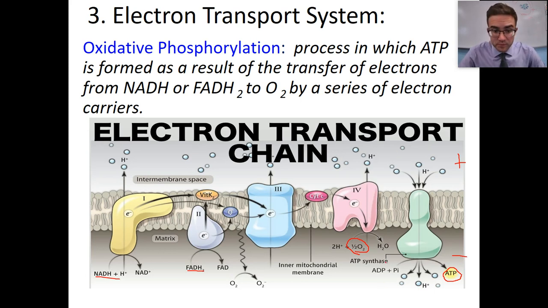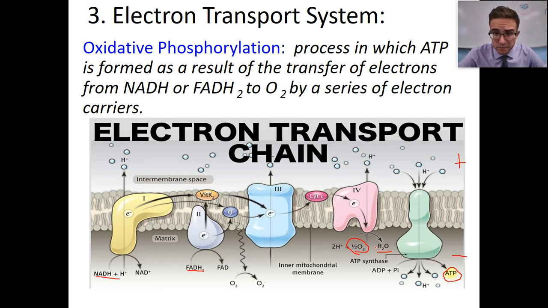When it does that, we get water. So the oxygen that we breathe in is used as the final electron acceptor. It's the final step in this puzzle here. And then that oxygen we breathe in is actually used to make the water that we see in this reaction.